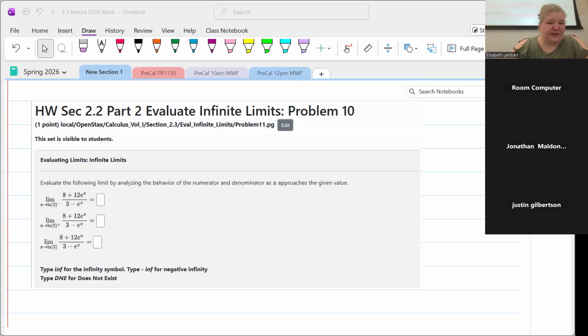So we've got 8 plus 12 e to the x over 3 minus e to the x.